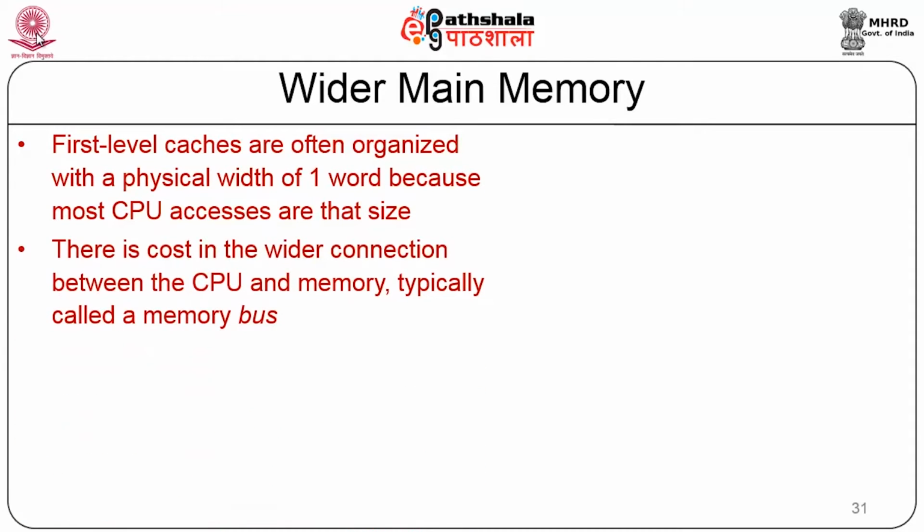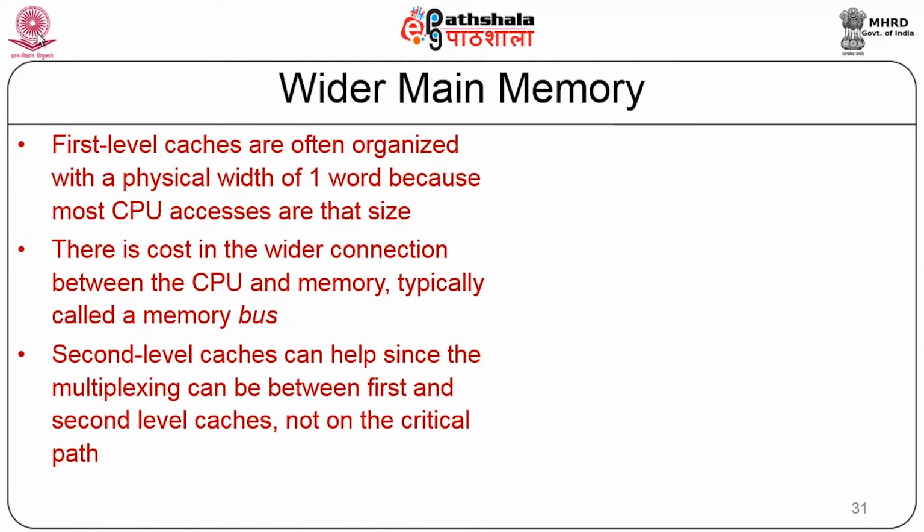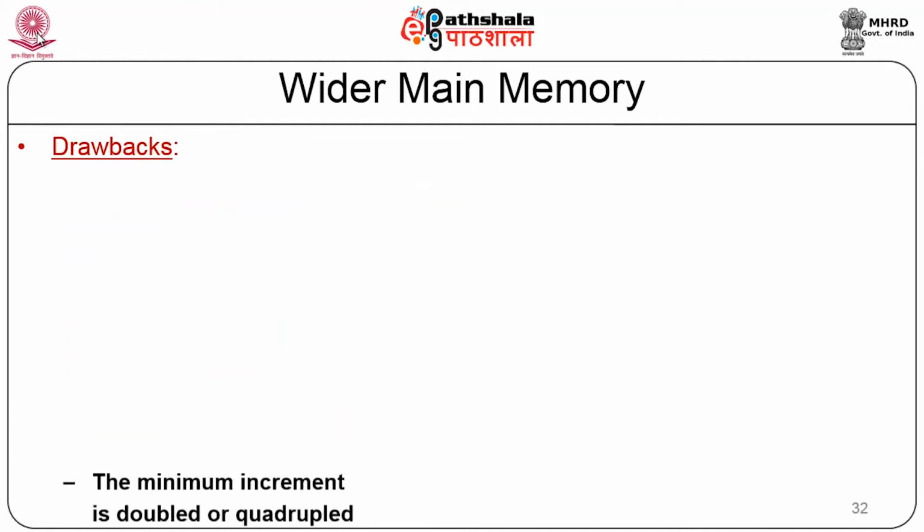When you look at wider main memory, the first level caches are often organized with a physical width of 1 word, because most CPU accesses are basically at that size. Now, a wider connection between the CPU and memory, the typical memory bus, is very costly. So, you can try to look at a wider level access in the second level cache, since the multiplexing can be between the first level and the second level cache and it is not on the critical path.